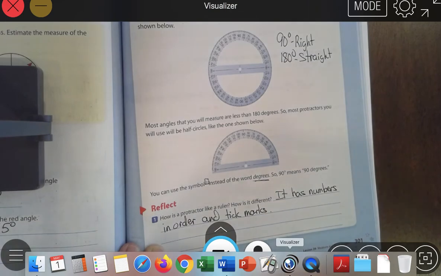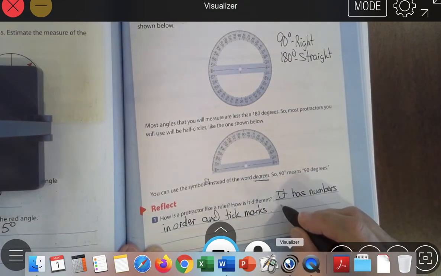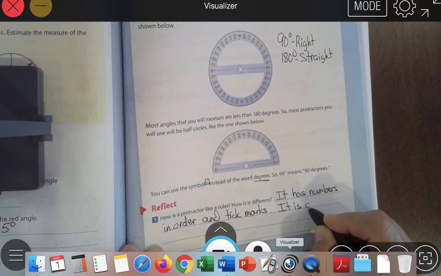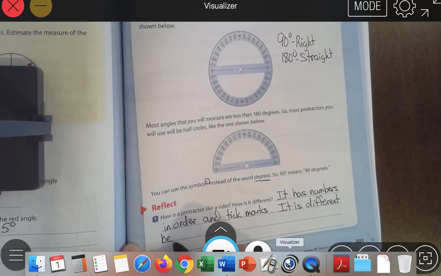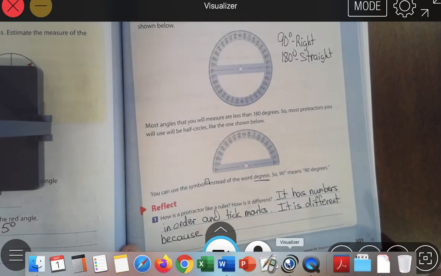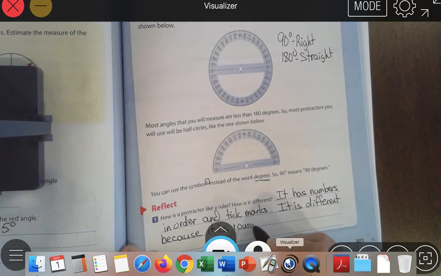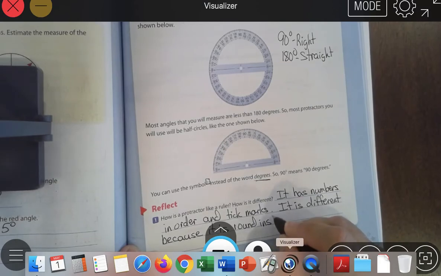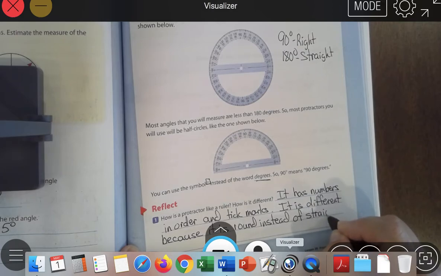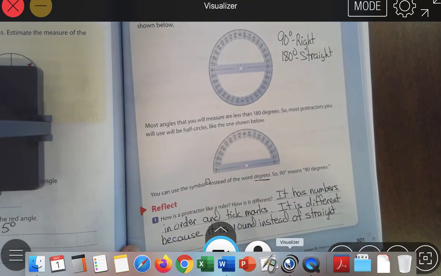Because it's round instead of straight. And the numbers count by tens instead of ones.